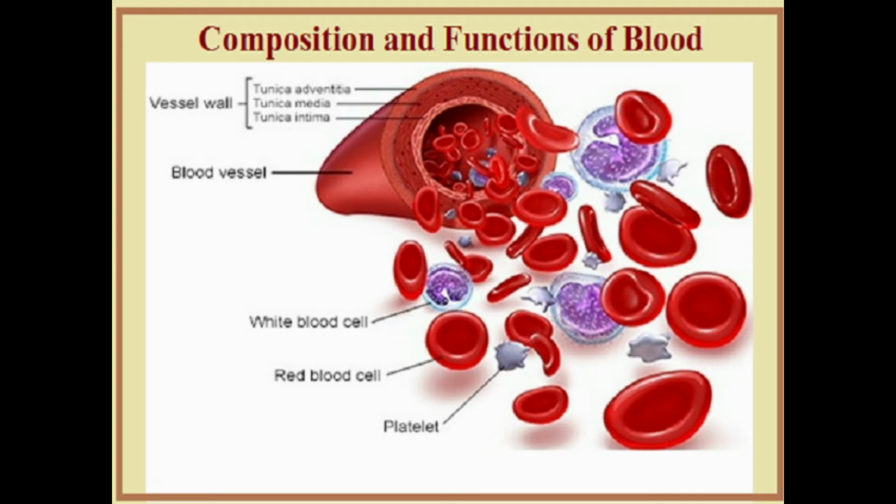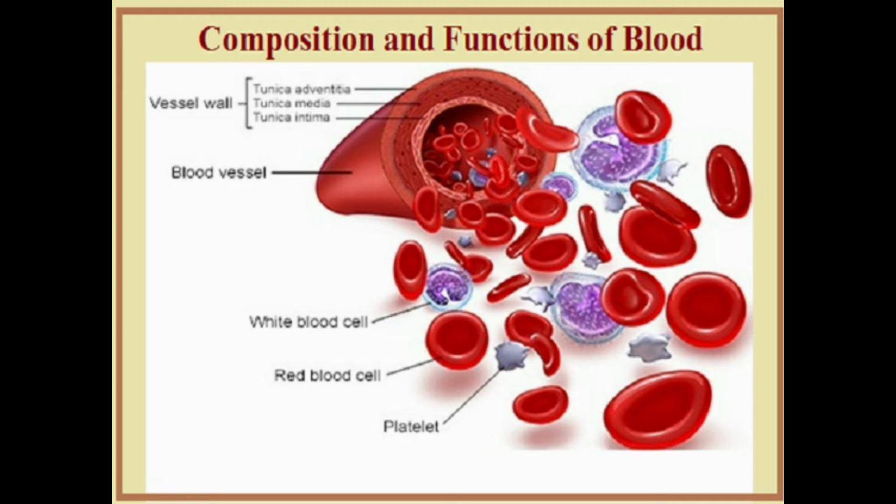Okay, plasma. So plasma is the medium, like water. In that we can see different types of cells: red blood cells, white blood cells and platelets. In this slide you can see a cross section of a blood vessel.